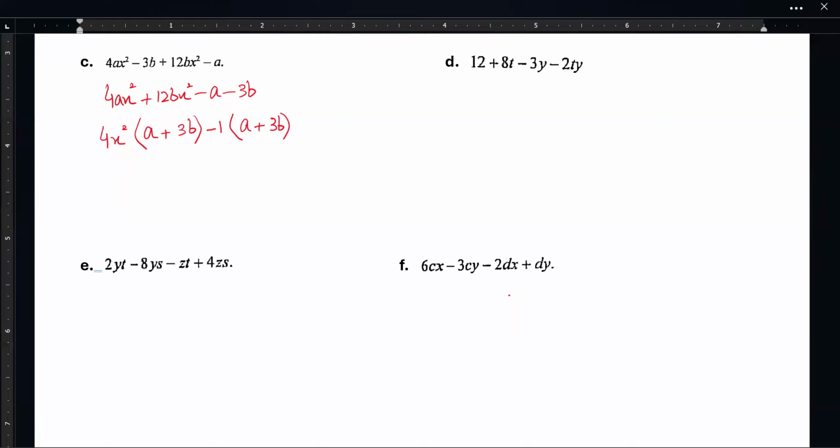Let's take our common a plus 3b, and in the second bracket, it's going to be 4x squared minus 1. Now, if you look at the second bracket, there is one more possibility that we would discuss in the next segment.